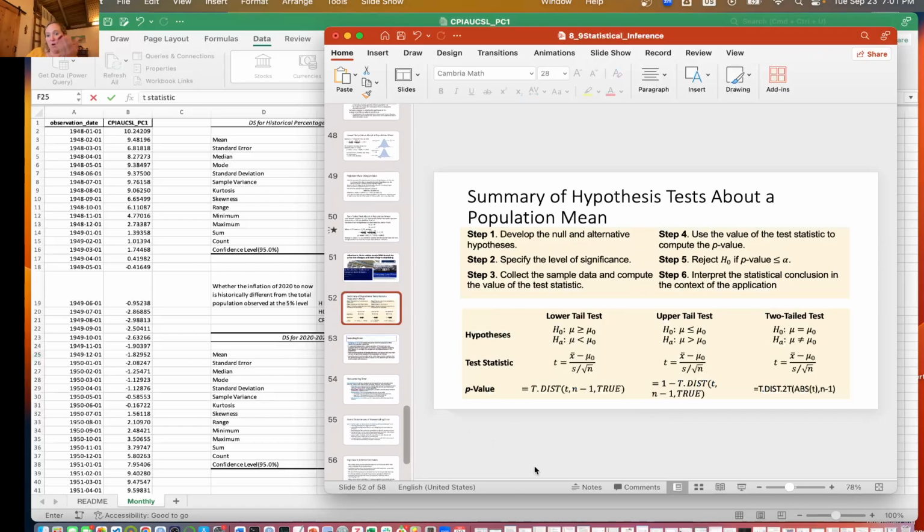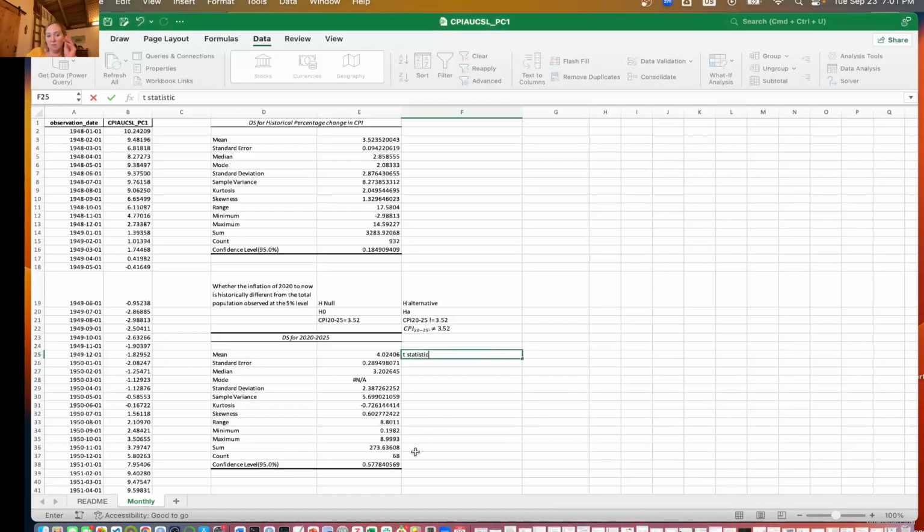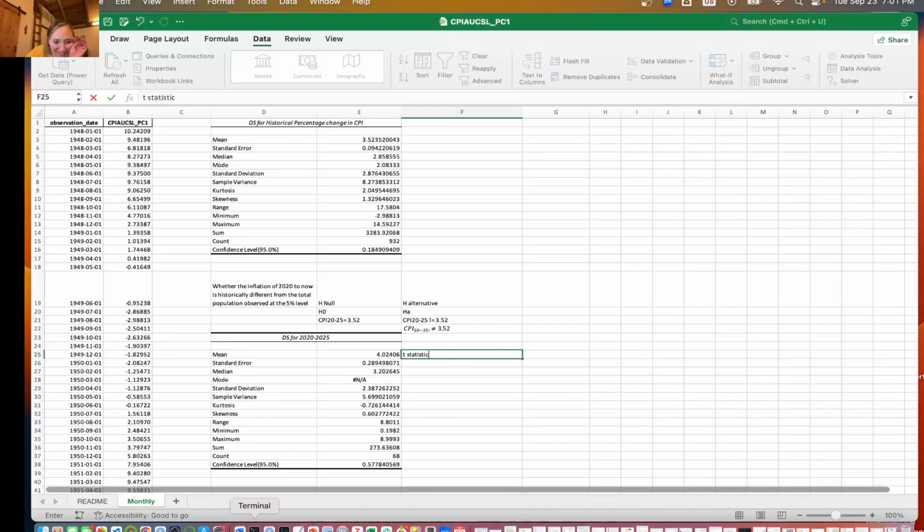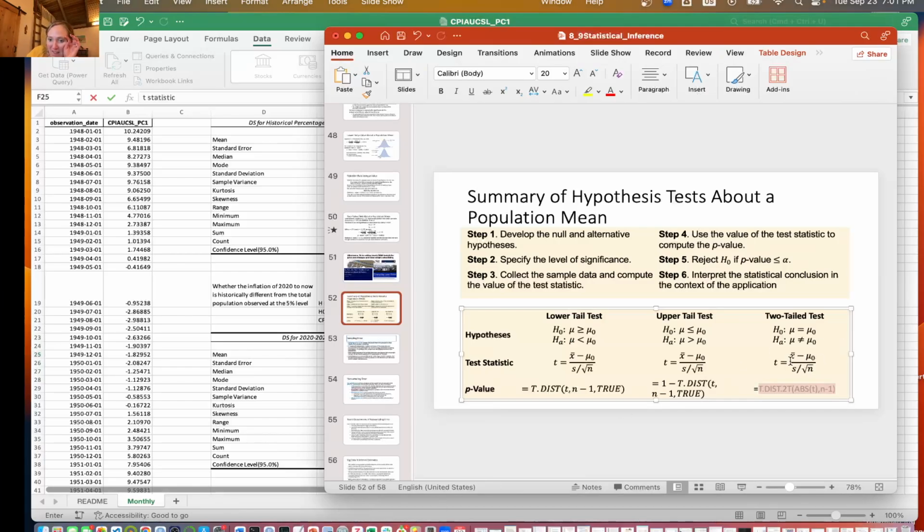Or in this very helpful slide, we're taking the t-test of either the lower test, the upper test, or the equal test. And right now we're currently taking the upper test. So this is the Excel code. Well, okay, but we need to actually do the t-test first, sorry, I got ahead of myself. This is the t-test. This will be the p-value.